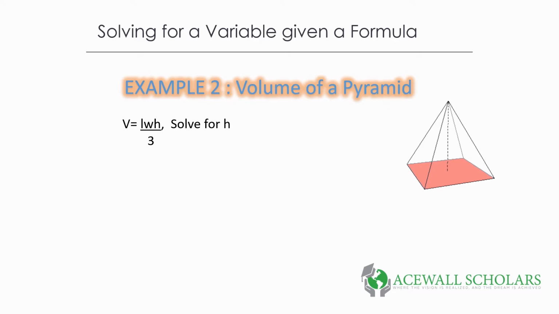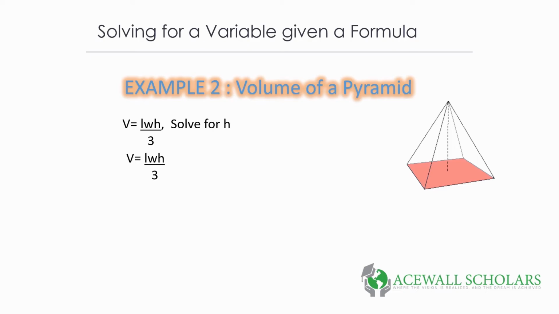But in this case, we've written it as V equals the length times the width times the height divided by 3. But let's say we have the volume and we have the length and the width, but we need to know what the height is. Well, we can move this formula around so that we can solve for H and find out what H is equal to. So, how do we do that? Well, let's look at our formula. V equals L times W times H divided by 3.